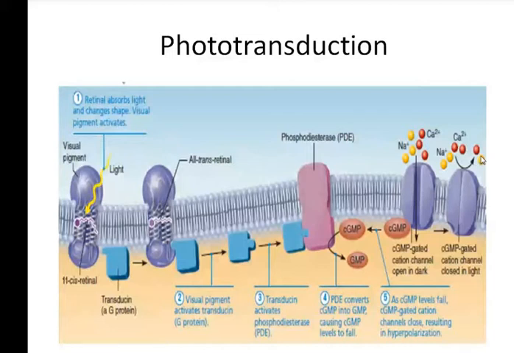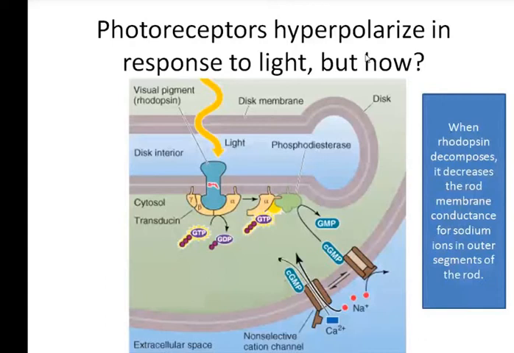Yes, sir. So what is the ultimate mechanism? What is the ultimate result of this phototransduction that I have discussed? If you look here, this photoreceptor hyperpolarizes in response to light. But how?